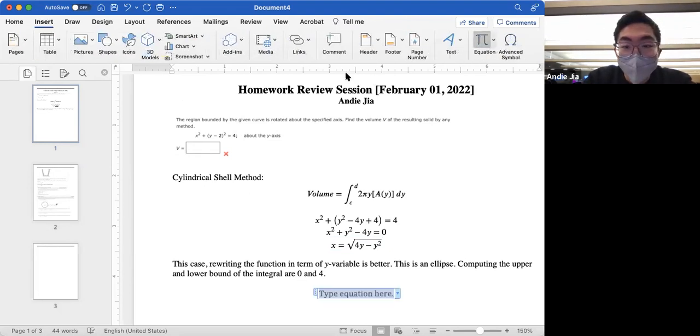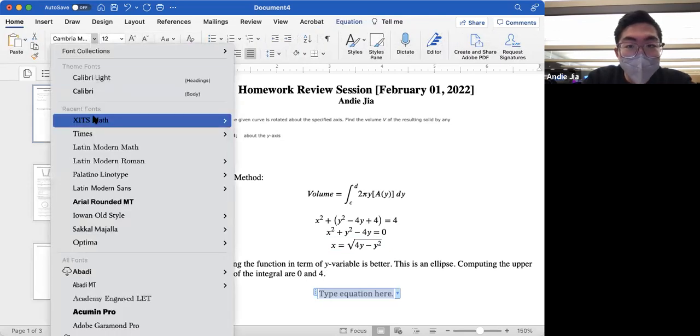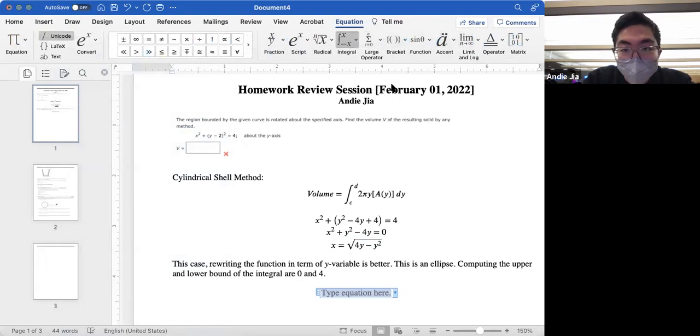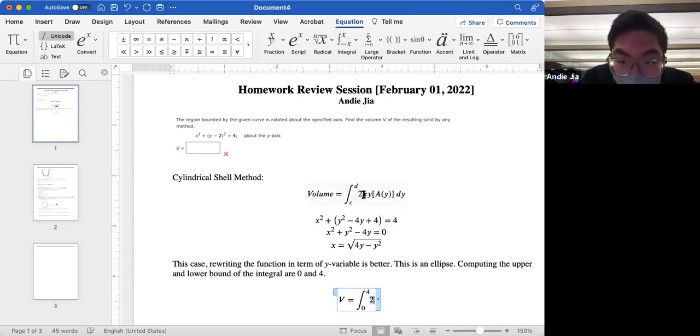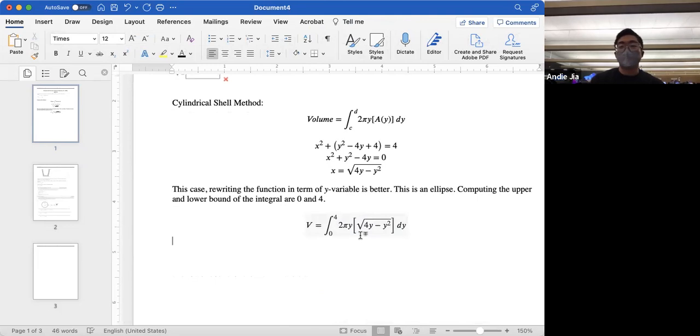So the integral of the volume can be expressed as the integral from 0 to 4, with 2 pi y, and then the area function, this radical, the square root of 4y minus y squared, then dy. This is the integral.